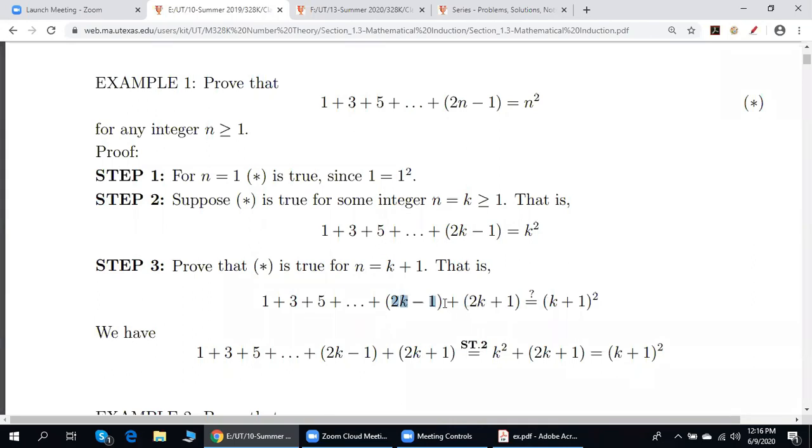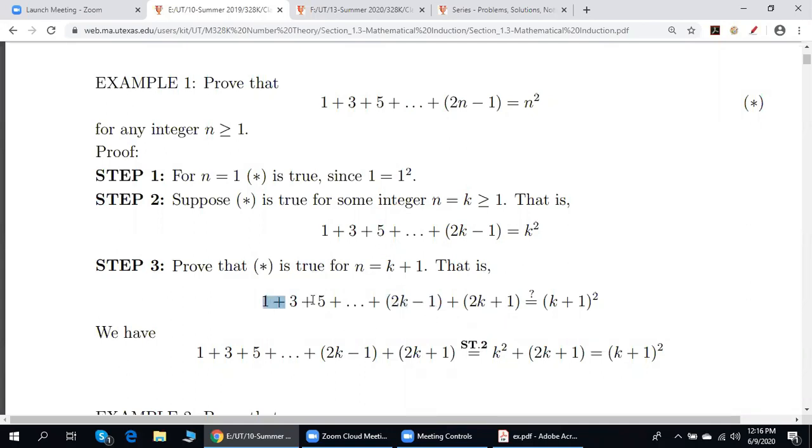The difference between any two consecutive odd numbers is 2. So let me repeat once again. In order to come up with this, we replace n by k plus 1. Since we are talking here about odd numbers only, the previous term will be 2k plus 1 minus 2, which is 2k minus 1.